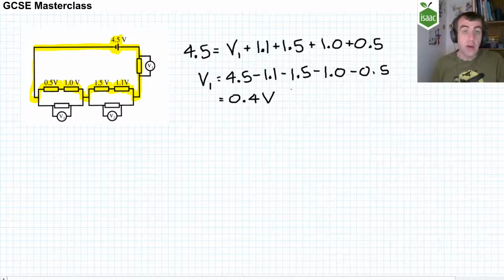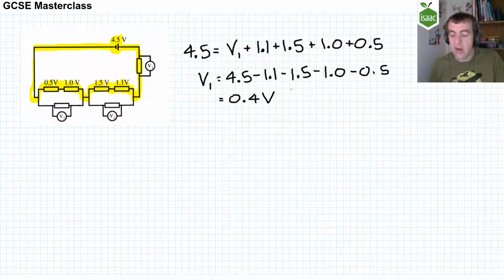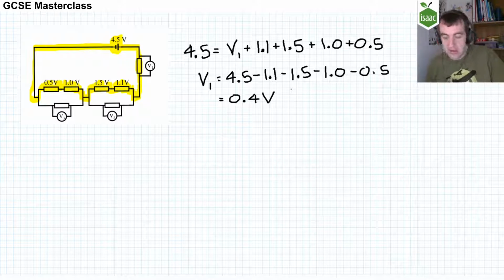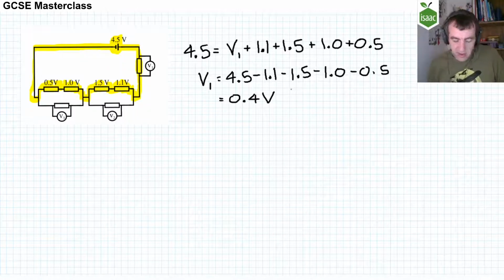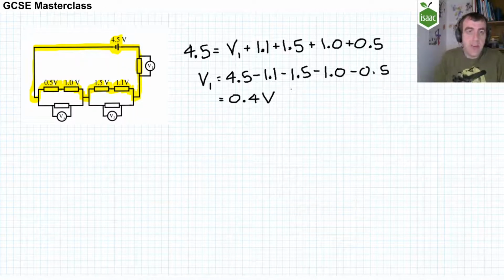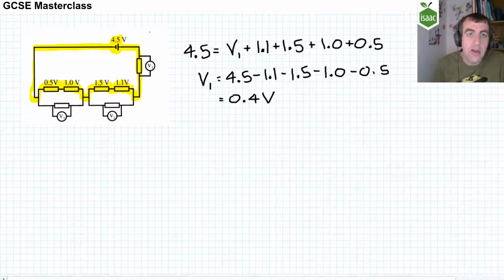Okay, so what about V2 and V3? Well, V2 and V3 are actually a little bit more straightforward. We don't have to worry about the rest of the circuit. Let's have a look at V2 to start with. The charge goes one of two ways. It either goes the top way or it goes the bottom way.